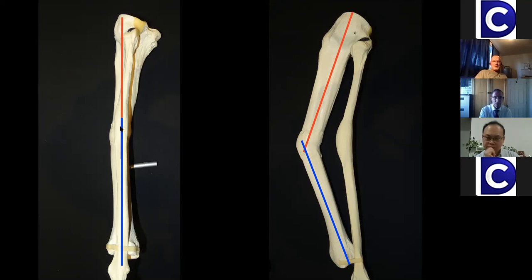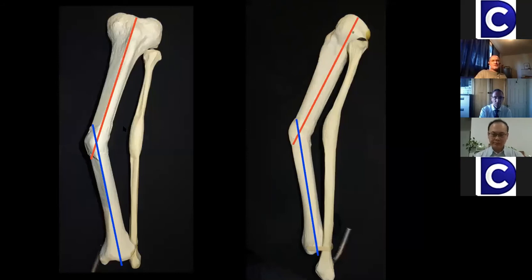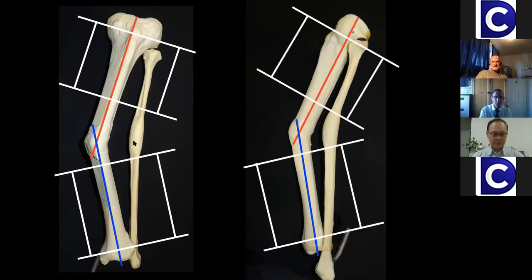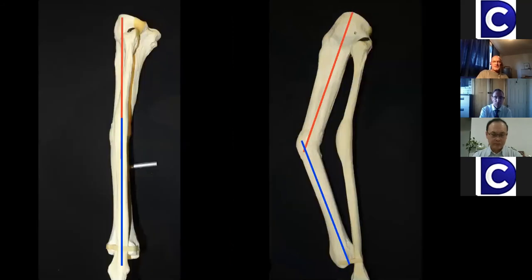So if we just go back to our traditional AP and lateral views to be going on with, I hope that most people have got sufficient familiarity with the Ilizarov frames and everything that goes with that to know that if you were to put a pair of rings exactly perpendicular to each segment of the tibia in that view, or you can do exactly the same in the lateral view as well, so two rings exactly orthogonal to the tibia, and you were then to join them together with hinges right on the apex, right on the convex surface of the deformity, in each view, as you straighten those up, the tibia would come out straight.